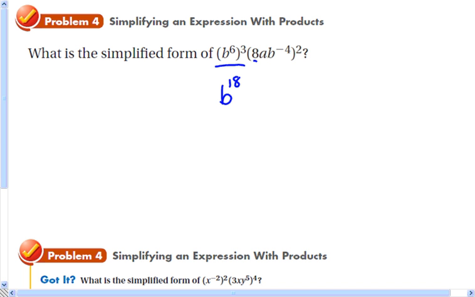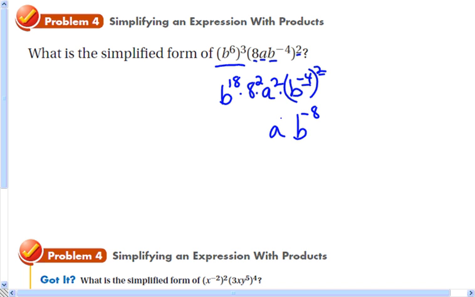Now here we have 8a and b to the negative 4th, all that needs to be raised to the 2nd power. So let's do each one of those individually, distributing that power of 2, so we get 8 squared times a squared times b to the negative 4th squared. Then I'm going to simplify this b to the negative 4th squared. When you take a power to a power, you multiply them, so that's b to the negative 8th.